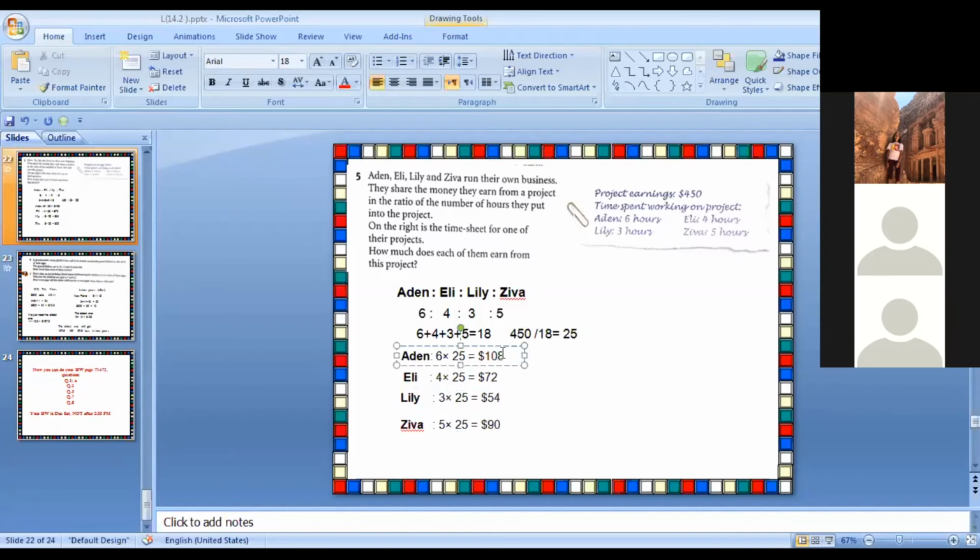So Adam will get 25 times 6, which is $150. Ellie 4 times 25, which is $100. Lily 3 times 25, which is $75. And Ziva 5 times 25 is $125.